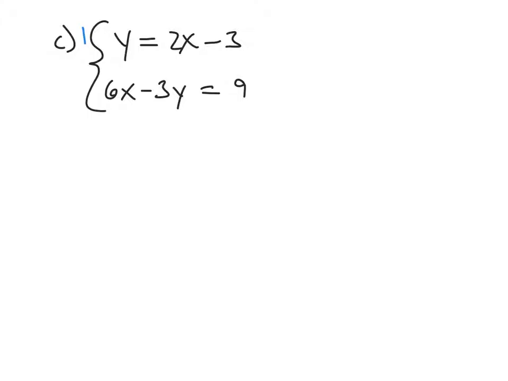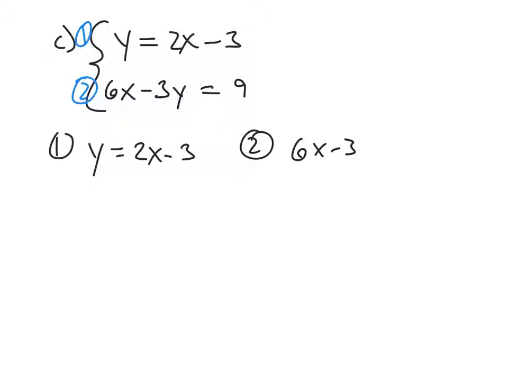So taking equation number 1, y equals 2x minus 3, that's already in slope-intercept form, so there's nothing we have to do to that. Let's take a look at equation number 2. We have 6x minus 3y equals 9. I have to subtract 6x. So I get negative 3y equals negative 6x plus 9. I need to divide by a negative 3.